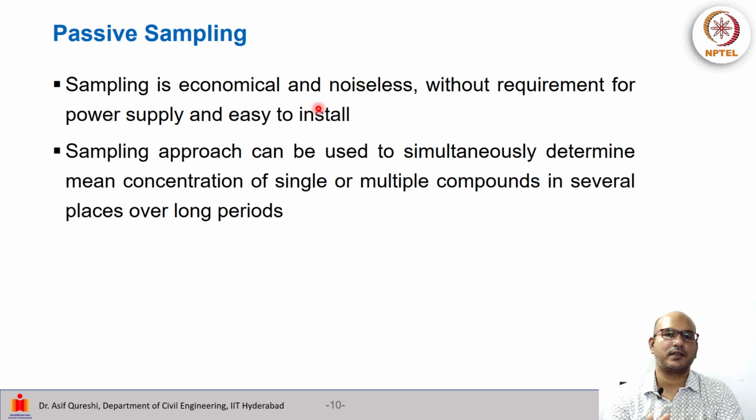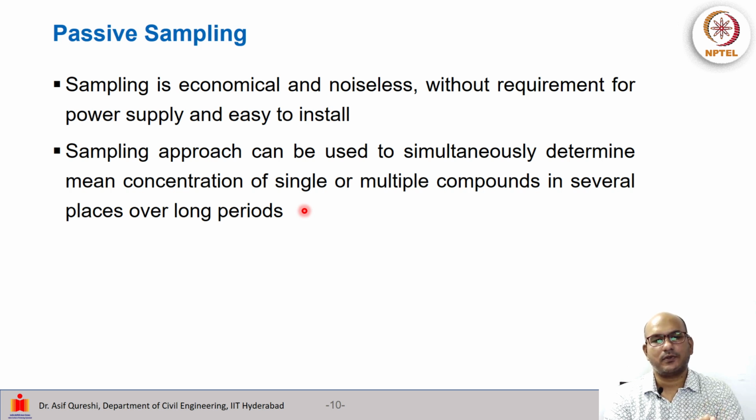One can go anywhere, install the sampler, and come back after the period of sampling, which could be 1 week or 1 month, and collect the sampler, then extract the analyte and analyze it to get an average concentration over that period of time. The sampling approach can thus also be used to simultaneously determine the mean concentration of a single compound or multiple compounds in several places over long periods. So as I said, one can just put the sampler at any place and come back after some time.